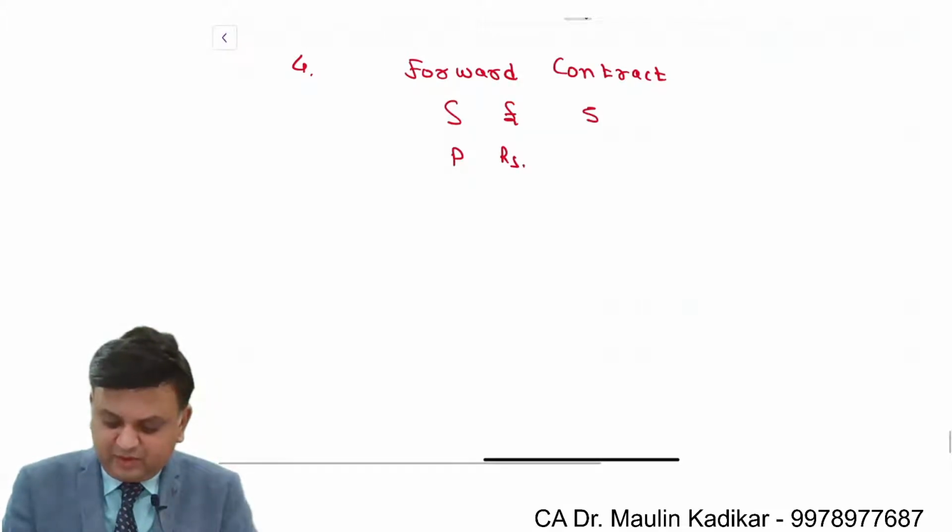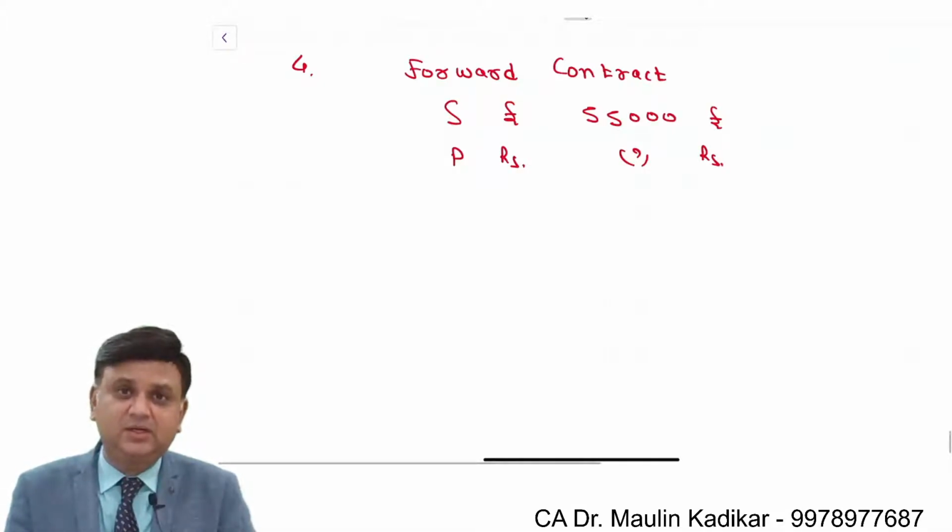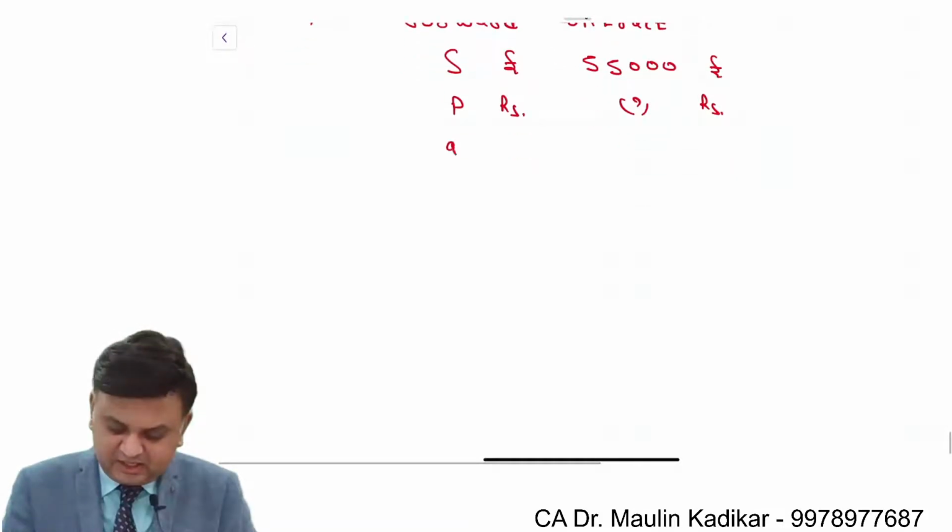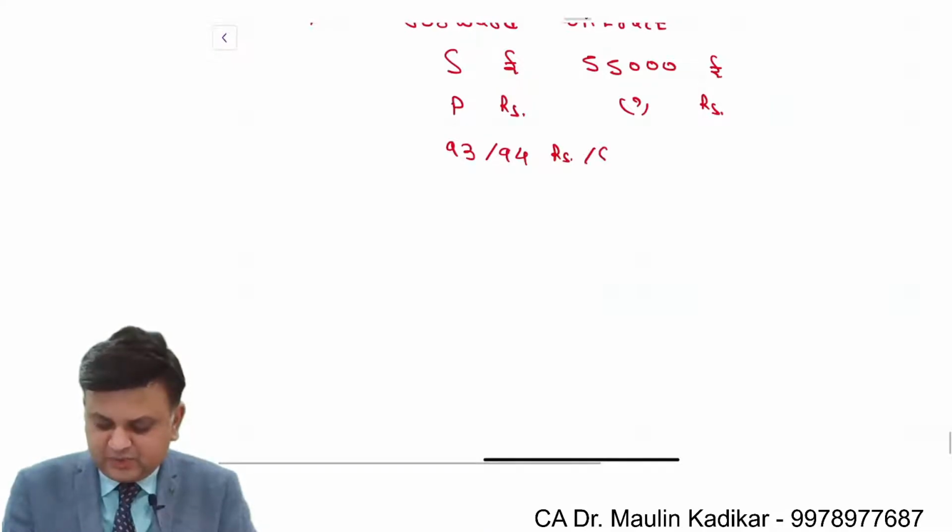How much amount of the pound? 55,000 pound. It is equal to this amount of rupees. What is the exchange rate? 93.94 rupees per pound.